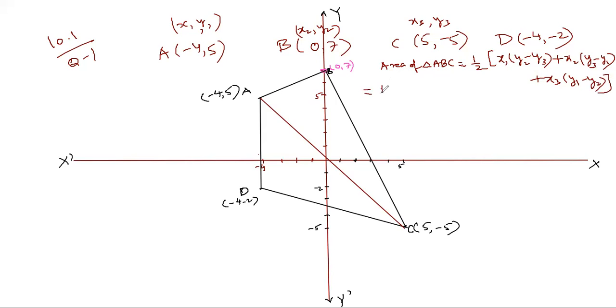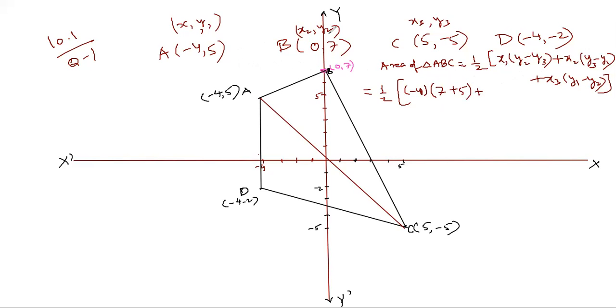Now just substitute the values. 1 by 2, what is x1? Here x1 is minus 4, into y2 which is 7 minus y3 which is minus 5, so 7 plus 5.